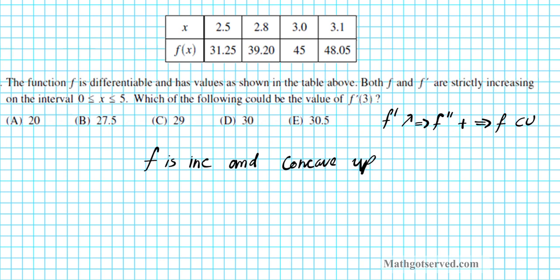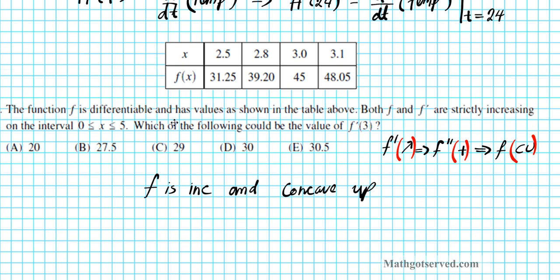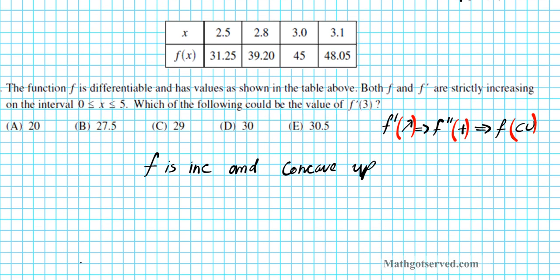So with that in mind, we're going to be making an estimation here. How can we determine the right value for f prime of 3? Now, what we can do is get arbitrarily close to the instantaneous rate of change of the function at 3 by looking at the average rate of change at 2 points really close to 3.